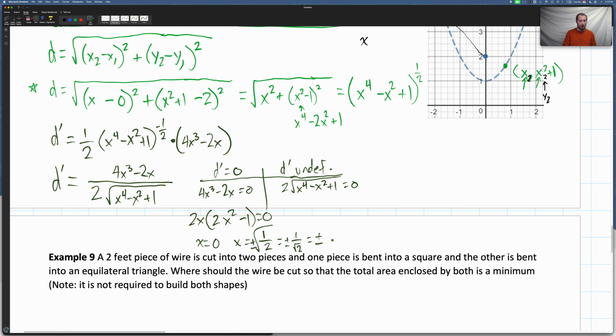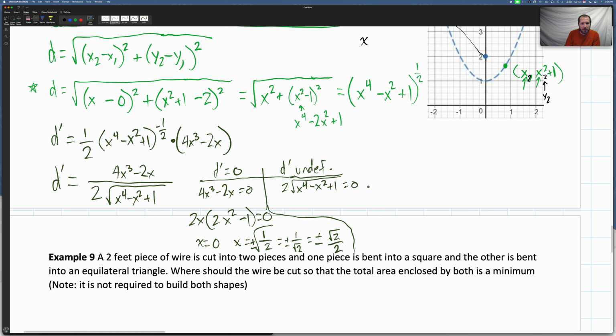Multiply top and the bottom by root 2. Feels very trig-like. Okay, so we got 3 critical points from setting it equal to 0. So let's see how many we get from undefined. That's the most critical points we've had so far.